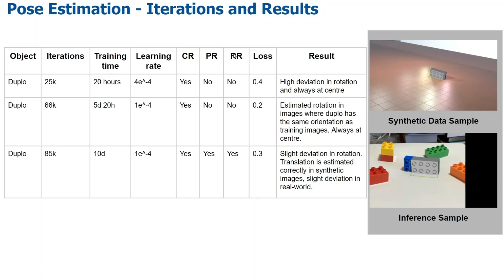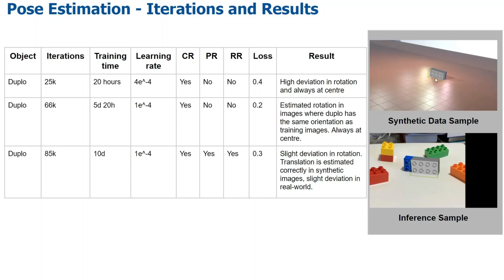With these changes, the rotation predictions improved, but the positional predictions were still incorrect. In our third iteration, we trained the model for 10 days and introduced additional randomization in our synthetic dataset. With these changes, the rotation predictions stayed roughly the same, but the positional estimations improved immensely.